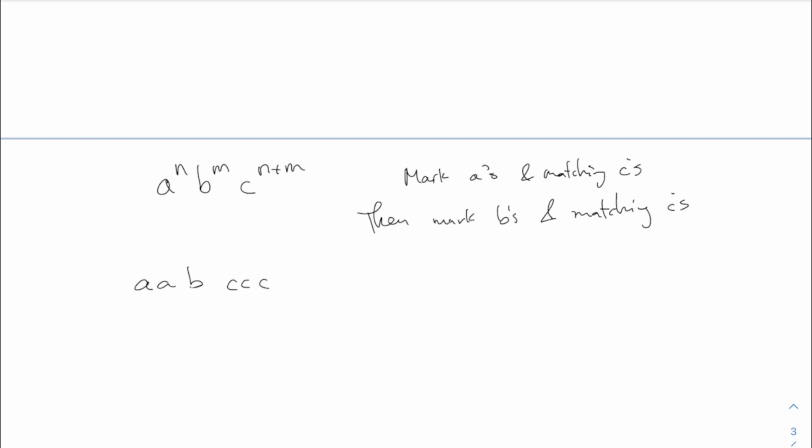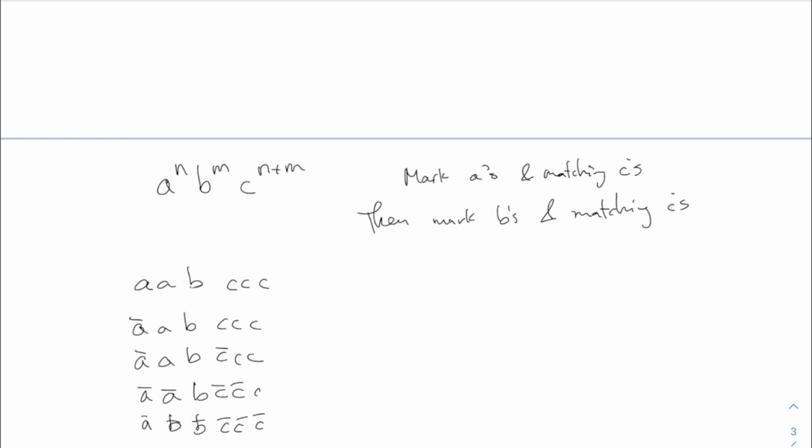The strategy would be mark this A first, then mark this first C to match it, then mark the next A, and mark the next C, and then mark the B like so, and mark the last C with it. All right, mark the A and any matching C's, and then mark B's and any matching C's.